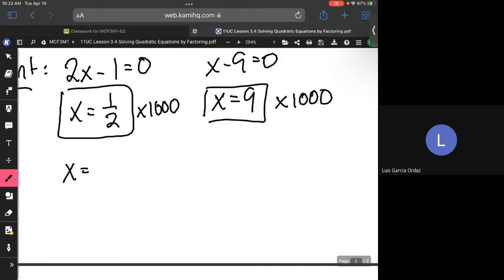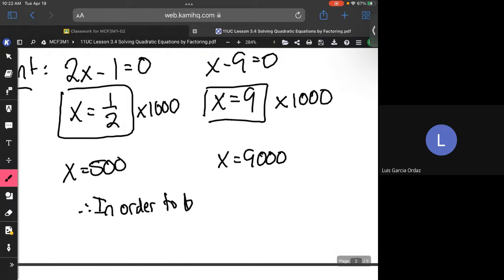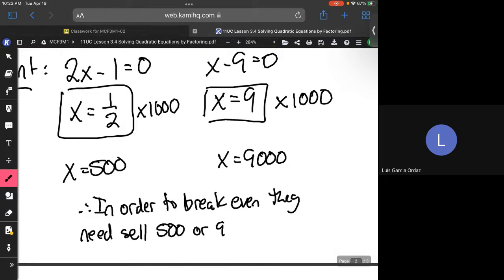And the other one? 9,000. Yeah. So therefore, in order to break even, they need to sell 500 or 9,000 skateboards.